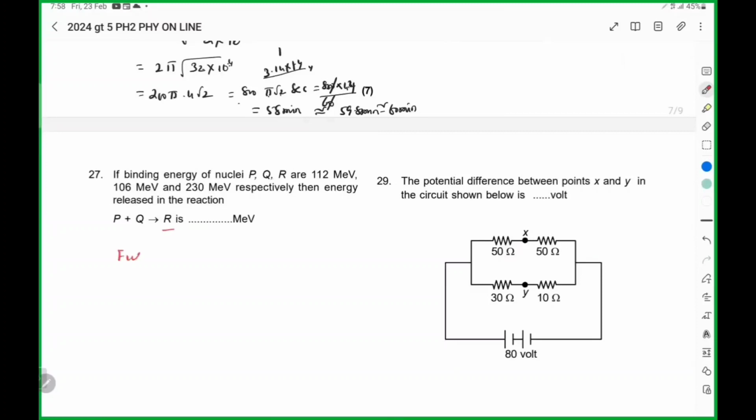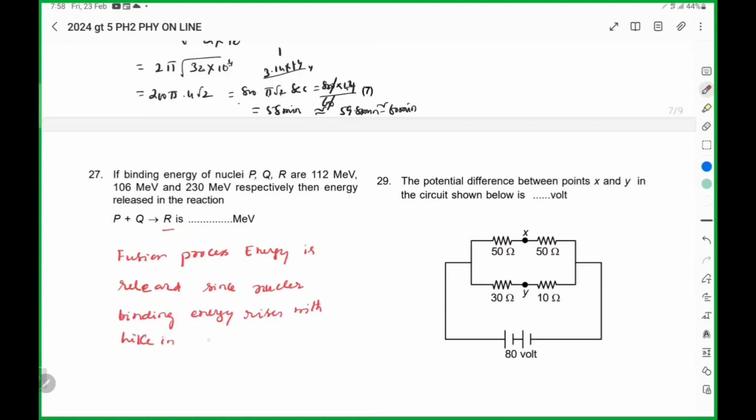So in this fusion process, energy is released, since nuclear binding energy rises with a hike in the mass.